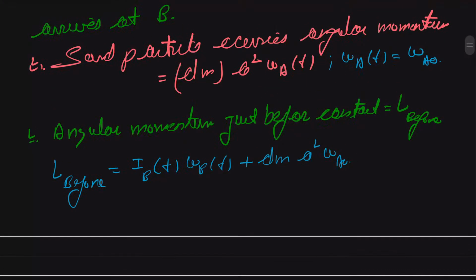Okay, because we know that our omega_A(t) is equal to omega_A naught, which is not going to change.